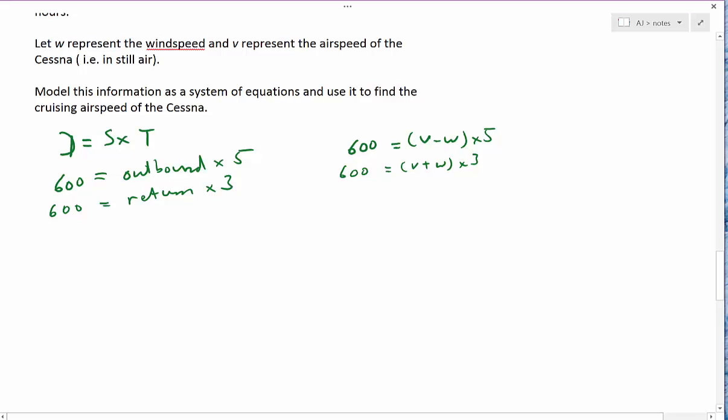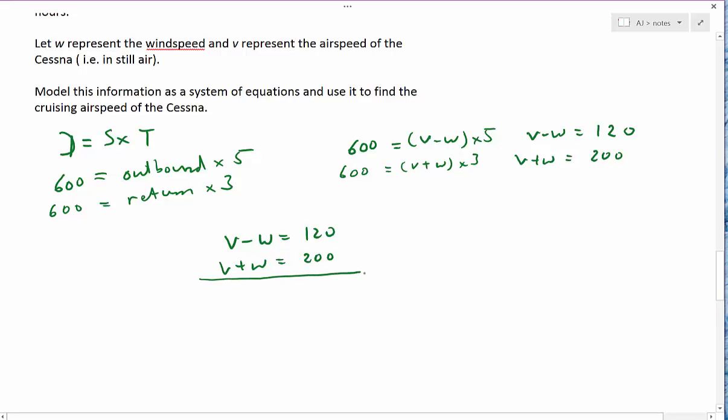Obviously, if 5 times v minus w is 600, then that means that v minus w must equal 120. Similarly, v plus w equals 200. v minus w is 120, v plus w is 200. The difference between these is that we have minus 1w and plus 1w.